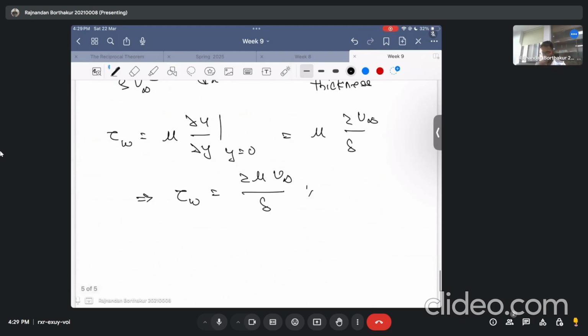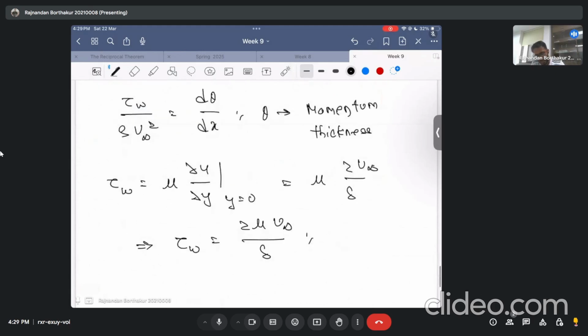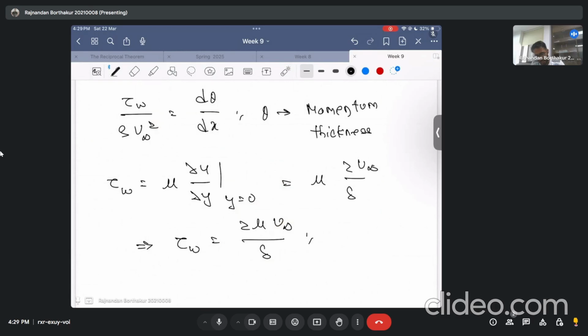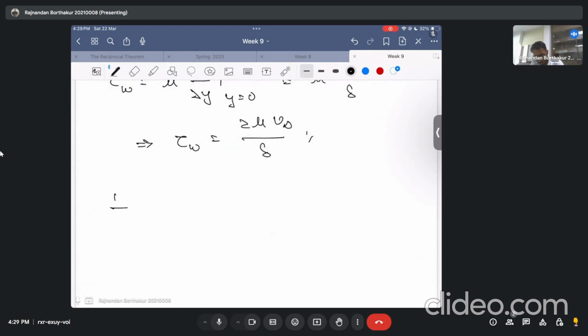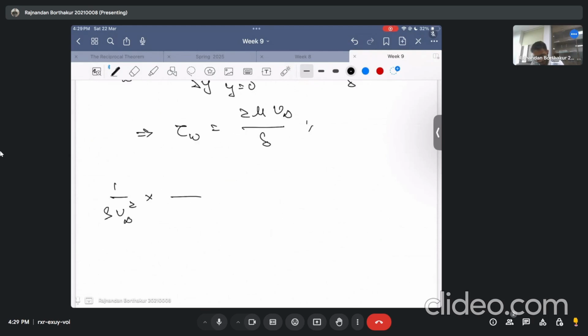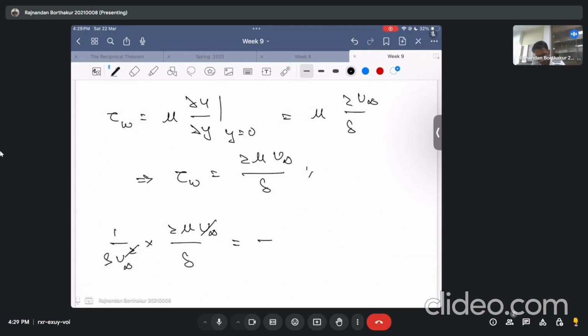Okay. All right. So then what we do is we substitute this value of wall shear stress here, and what we get is 1 upon rho u infinity squared times 2 mu u infinity by delta, and then the u infinity and u infinity get cancelled, and then I have this d/dx of momentum thickness. The momentum thickness has a definition something like this, which we have already derived, so I'll just use the definition here.